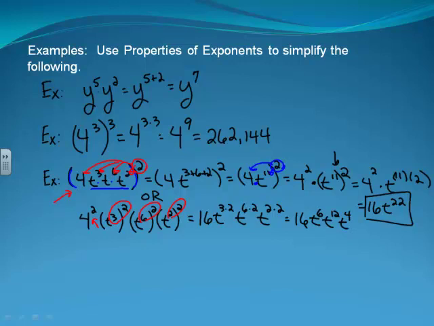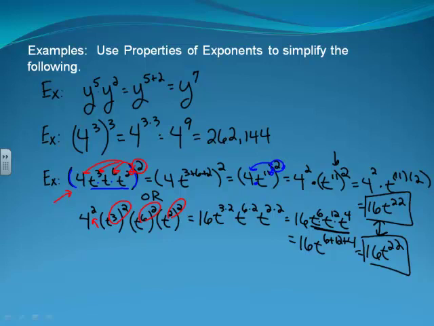Now at this point, we'd have to combine all those t's. Since we're multiplying like bases, you can combine that into a single base by adding the exponents, which gives us 16 t to the 6 plus 12 plus 4. 6 plus 12 is 18 plus another 4 is 22, so 16t to the 22nd. Same answer, slightly different method. Doesn't matter which way you go, you're going to get the same answer.